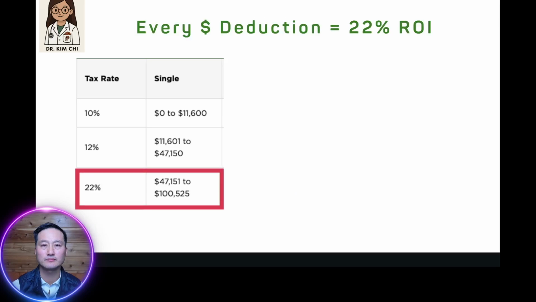So that means if she earns an additional dollar, the dollar will get taxed at 22%, meaning she's going to pay 22 cents in federal income tax on that dollar.